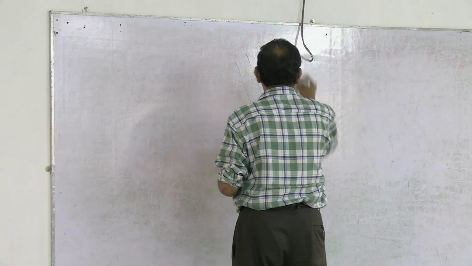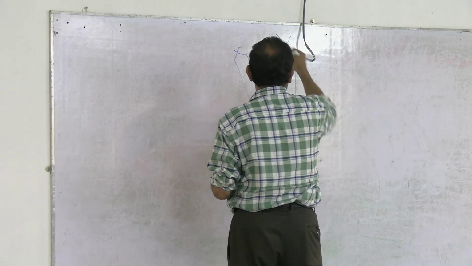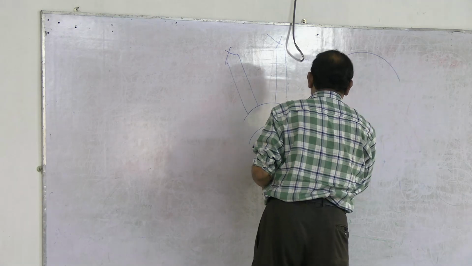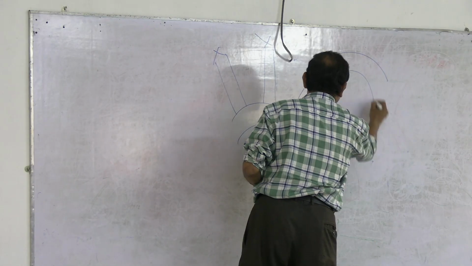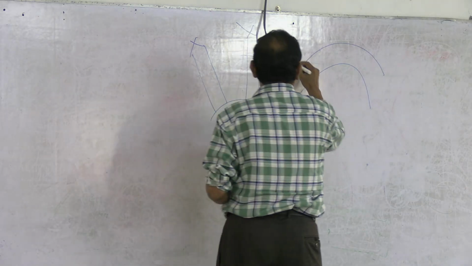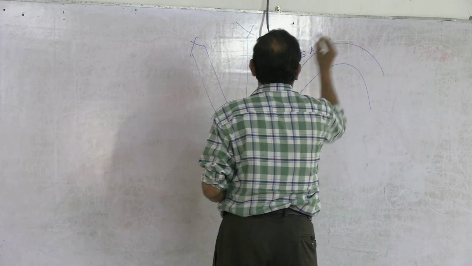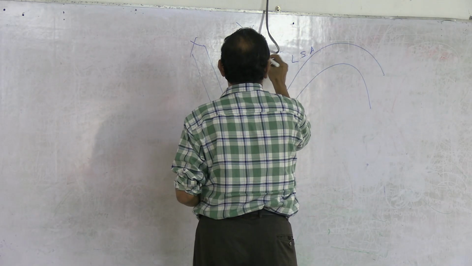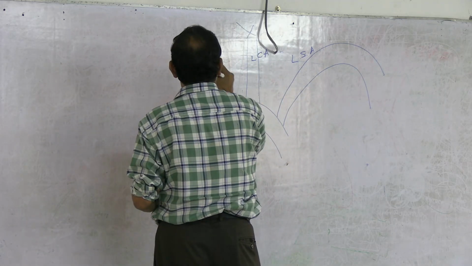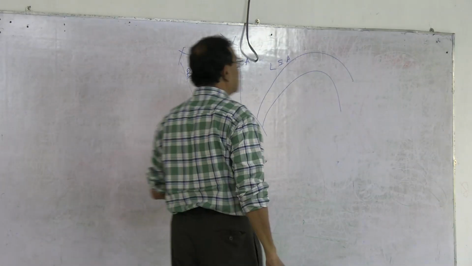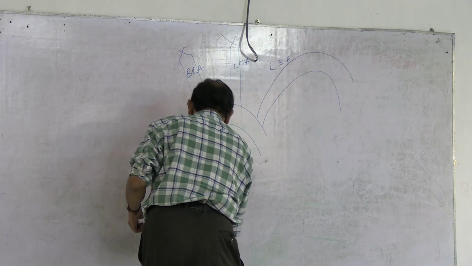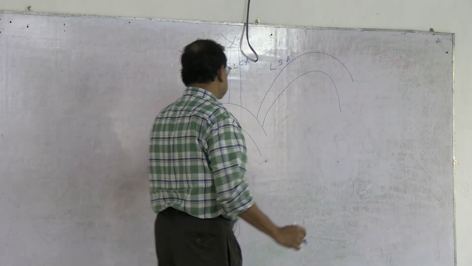Brachiocephalic, left common carotid, we are not interested. We are interested in the subclavian artery, the left subclavian. We are not concerned with the left common carotid artery or the brachiocephalic artery. Actually, this is coming from the heart, the arch of aorta.